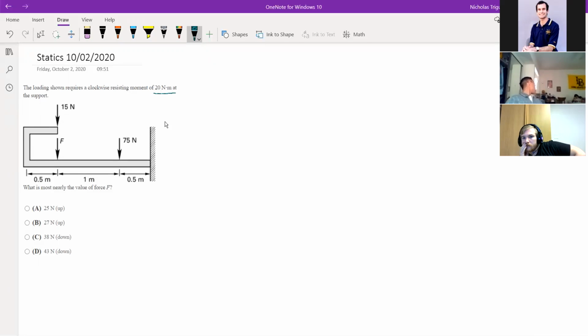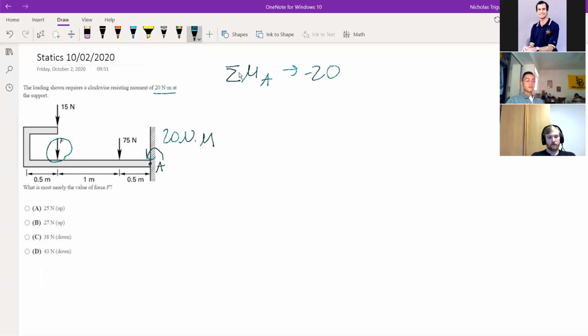the support. So we know that there is going to be a requirement of 20 Newton meters here to prevent this thing from breaking off. Okay, what is the force F? We want to know what this is. If we do a moment sum, say the sum of moments about this point right here, we'll call that point A. Do the sum of moments about A. We know that that has to be 20, so you can say negative 20, equal to 0.